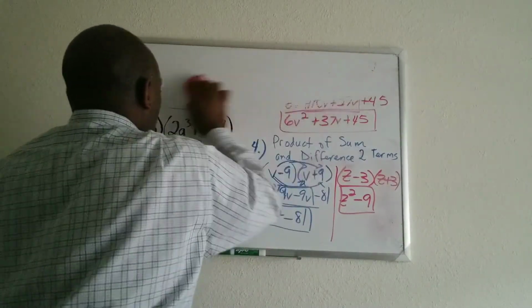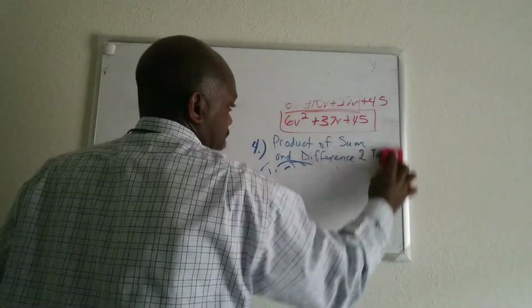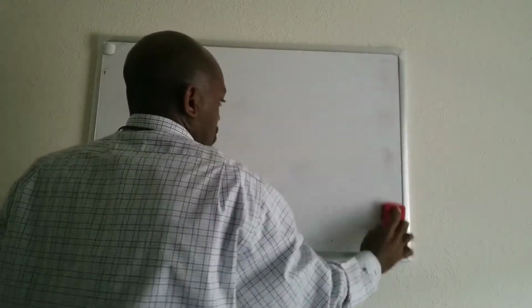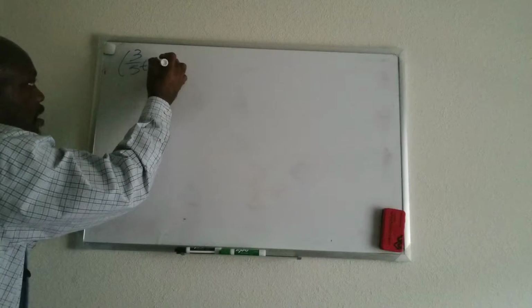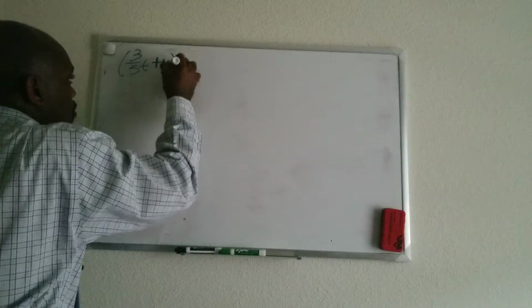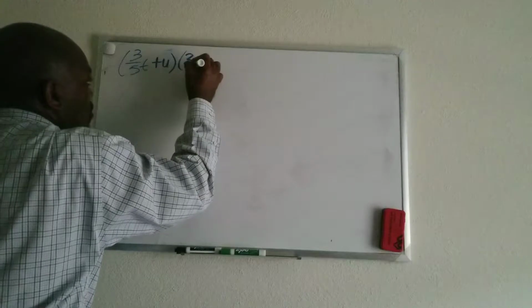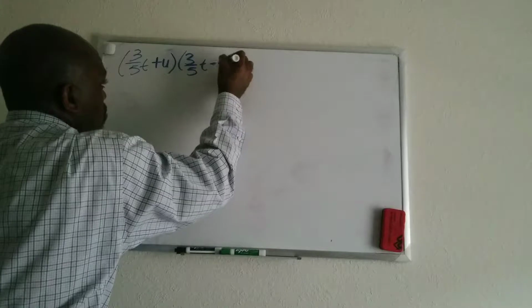Okay, we're still multiplying polynomials. I just need a little more space. So we're going to solve something like 3/5 t plus u times 3/5 t minus u.